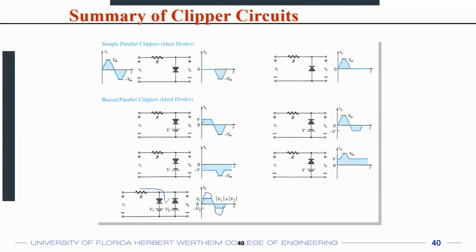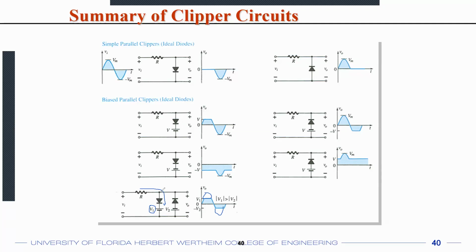Because when this diode is conducting, when does that happen? That happens only in the positive half cycle, right? If the input voltage is more than V1, then the diode will be forward biased. If the diode is forward biased, the voltage drop across the diode will be 0.